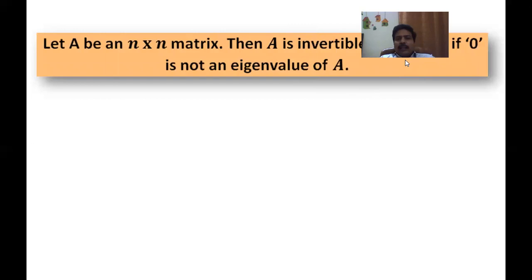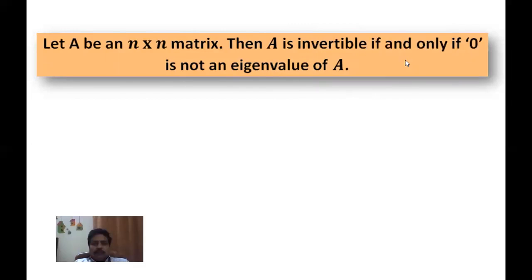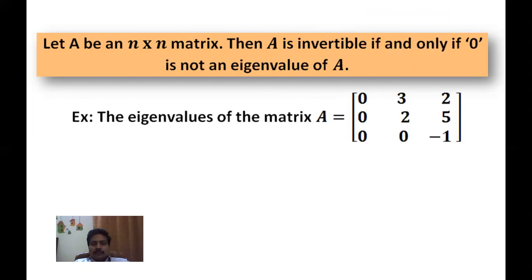Let A be an n by n matrix, then A is invertible if and only if 0 is not an eigenvalue. If 0 is an eigenvalue, then the determinant will be 0 and hence it is not invertible.